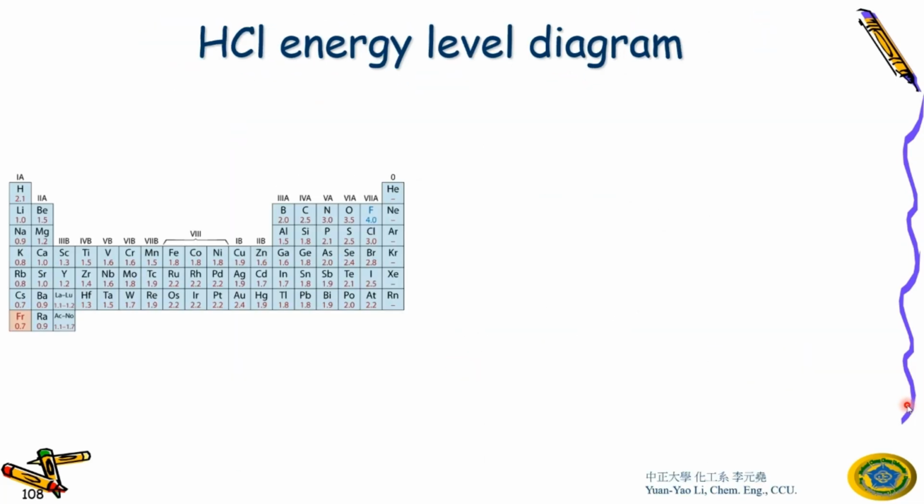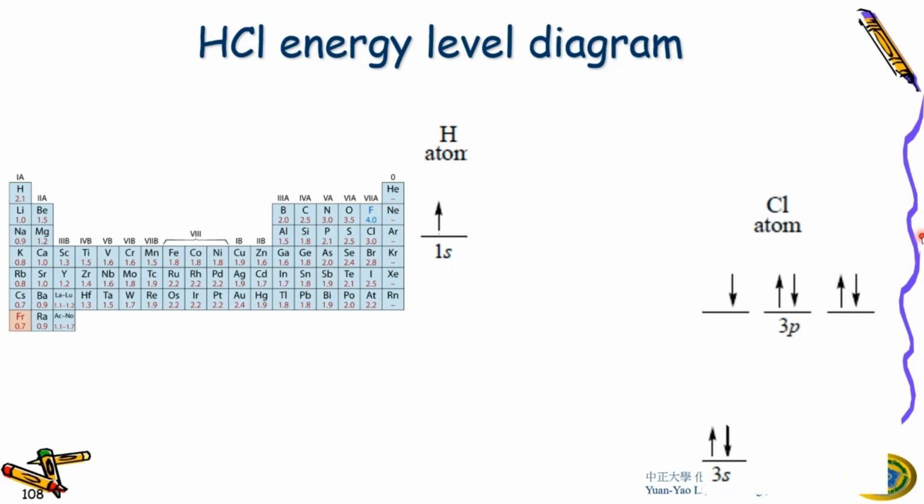Okay? Just in the previous slide, we talked about hydrogen fluoride. How about hydrogen chloride? That will be the same, right? But of course, the energy level for chlorine will be much lower than fluorine, right? Because you have more protons in the center.